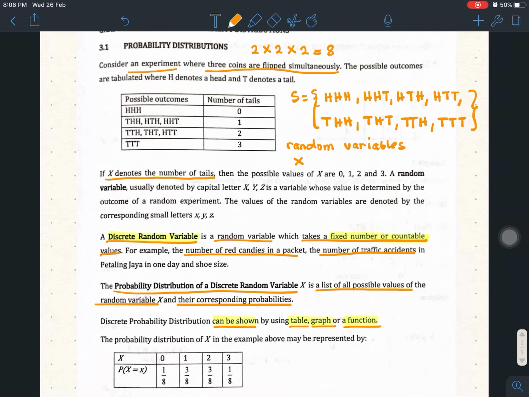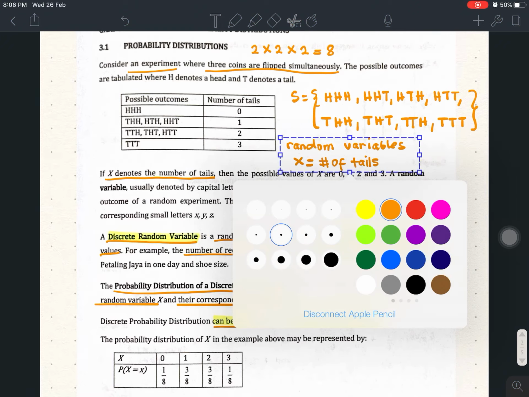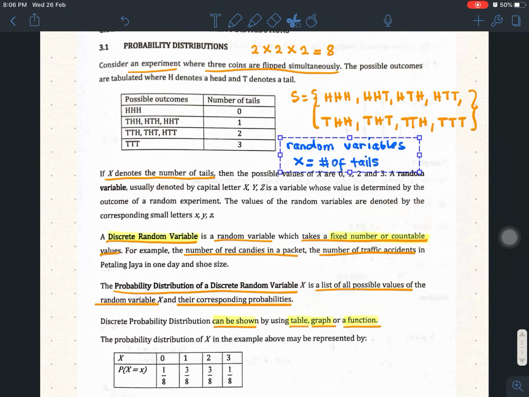Always write your random variable: X is the number of tails. Determine your random variable before you list out, tabulate and so on. Write down what your random variable is. Once you get this, then you know what it is.